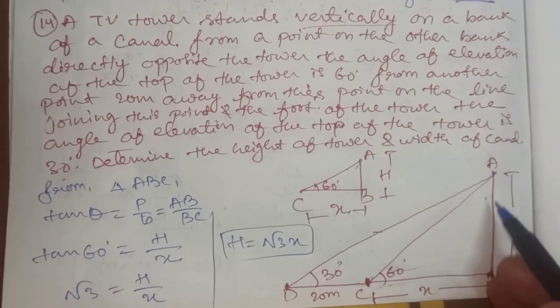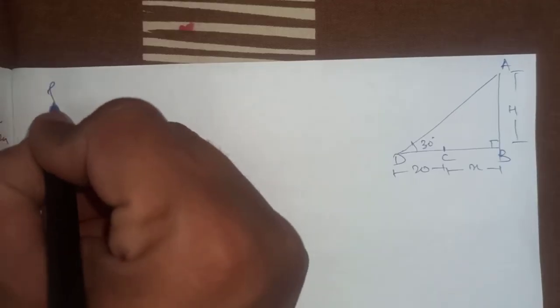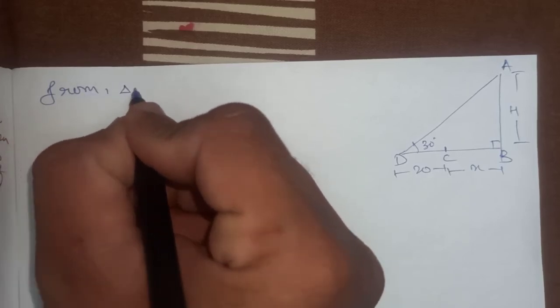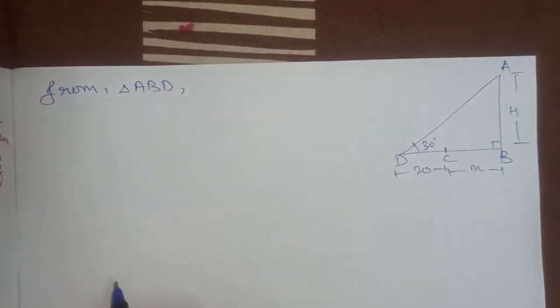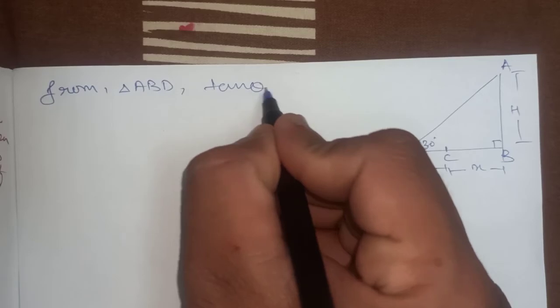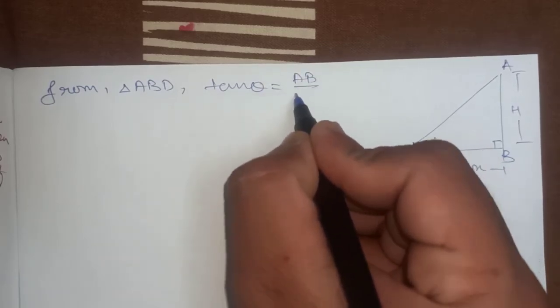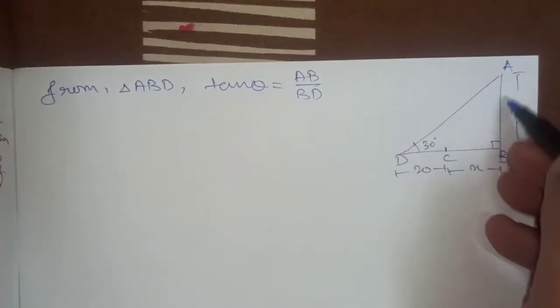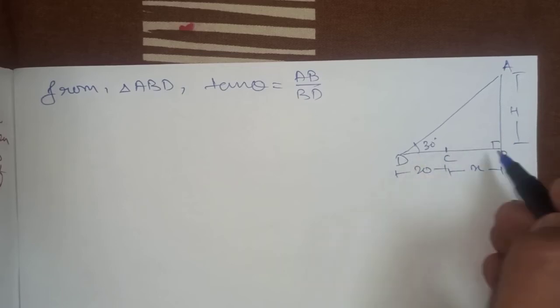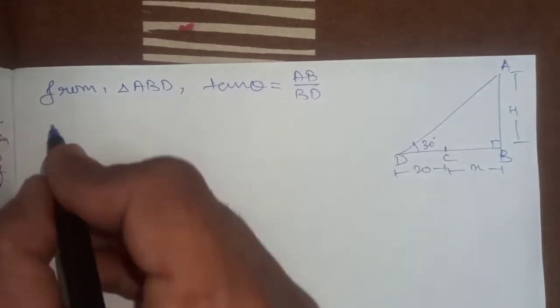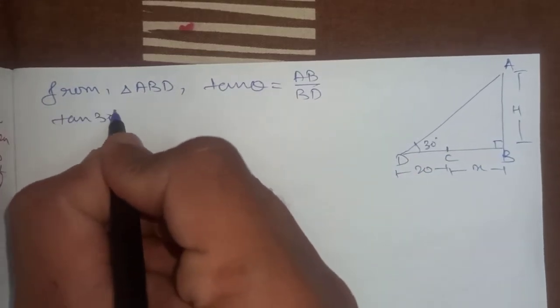Now we will take triangle ABD. From triangle ABD, tan theta equals AB by BD, perpendicular by base again. Theta is 30 degrees.